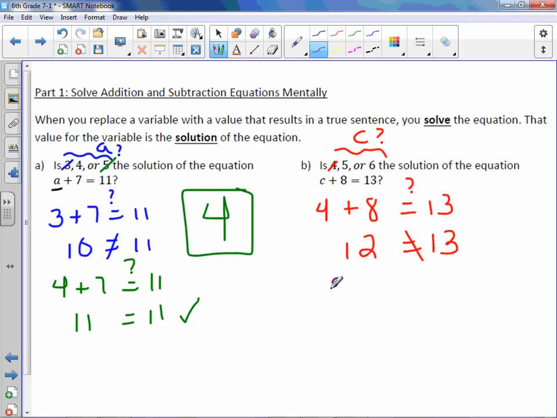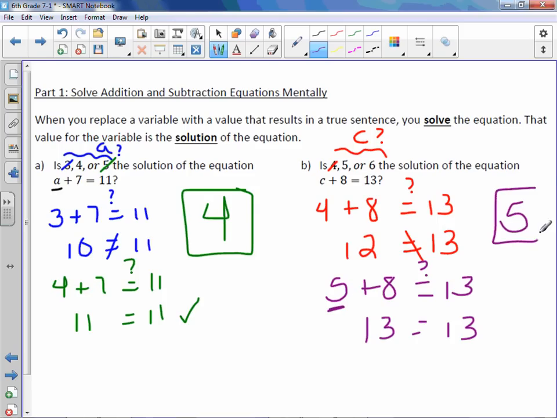Let's try 5. 5 plus 8 equals 13, question mark. Well, 5 plus 8 does equal 13, which means my solution is 5. Make sure you are writing your solution separately. This right here is the proper work to show, but the solution is 5, so make sure you box it.